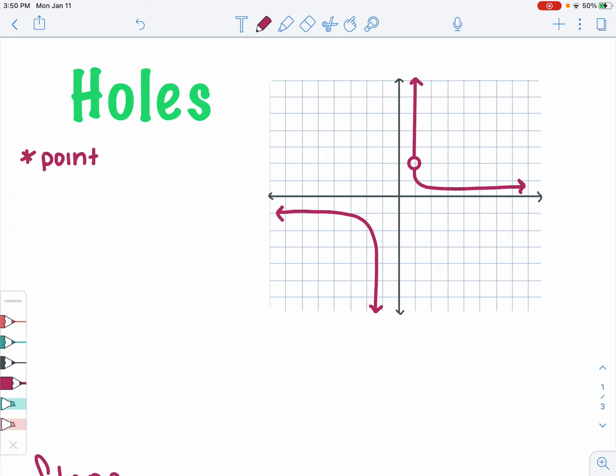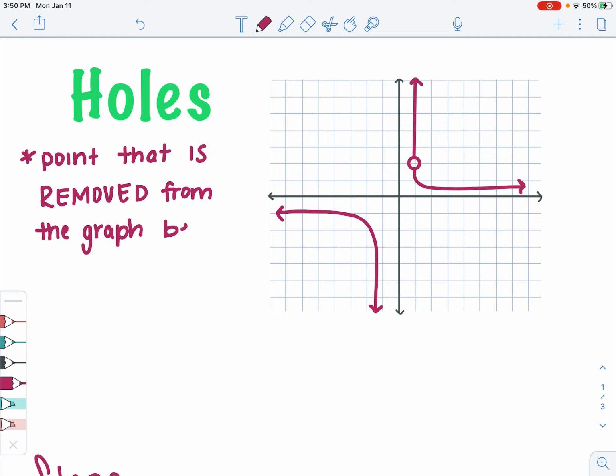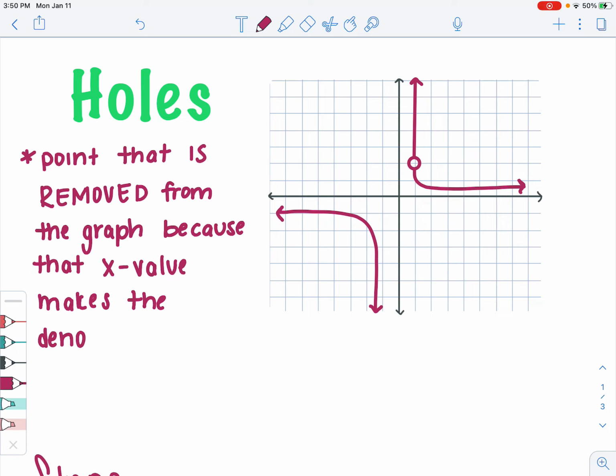A hole is a point that is removed from the graph because that x value makes the denominator equal 0.